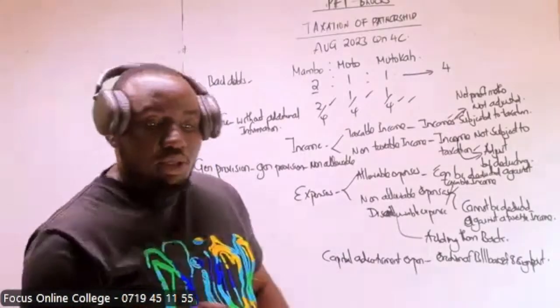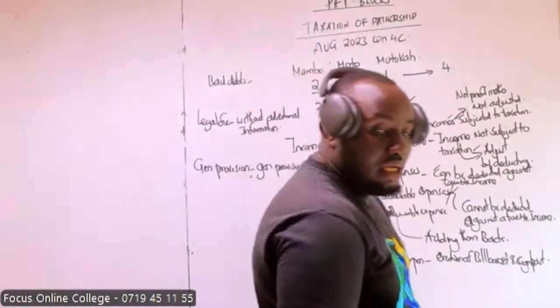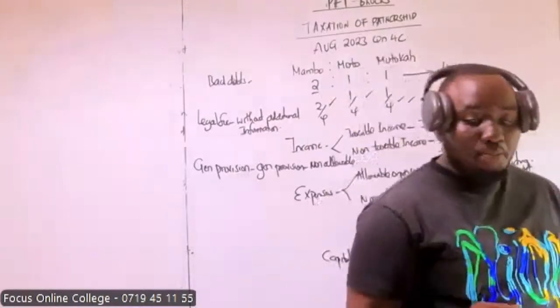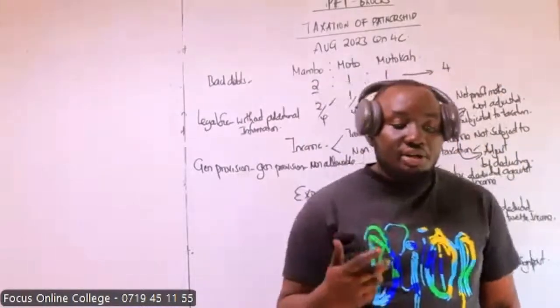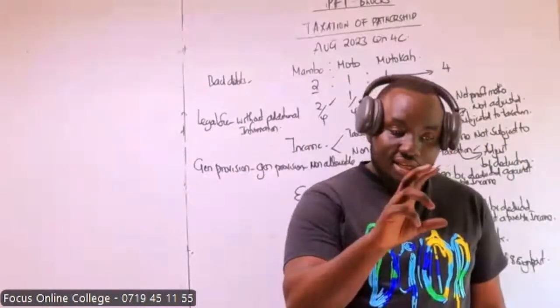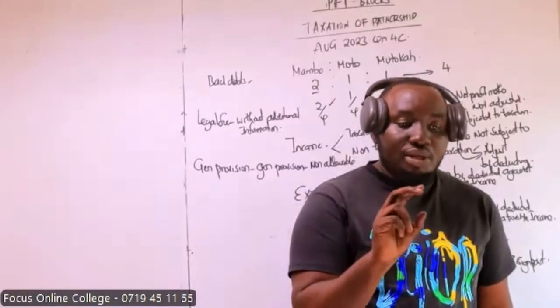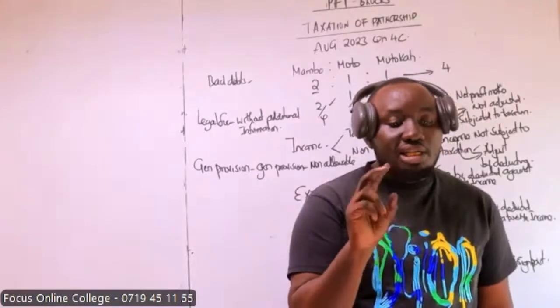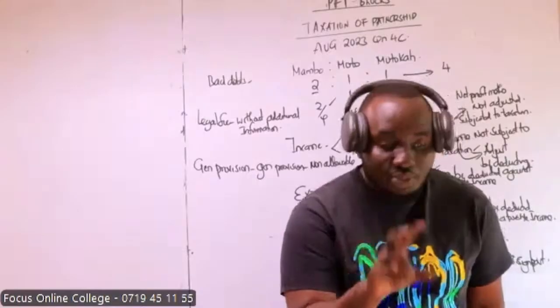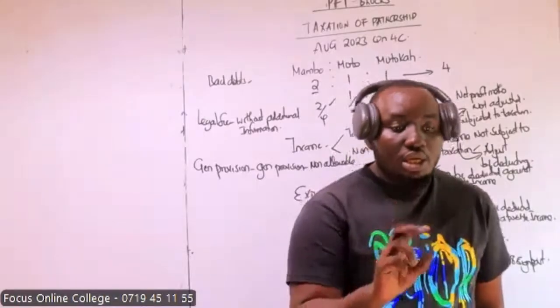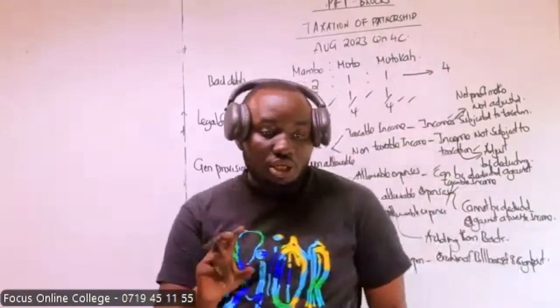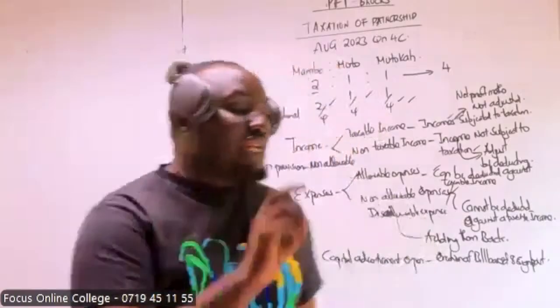What is the difference between the two? In accounting, when you have an increase in general provision for bad and doubtful debt, we treat it as an expense. However, in taxation, an increase in general provision for bad debt is not treated as an allowable expense.